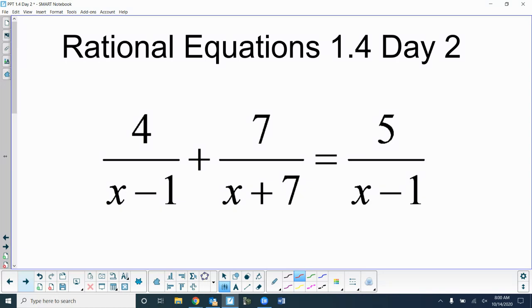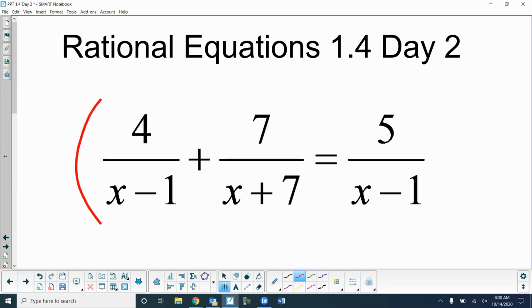If we couldn't factor them, or even if we did factor them, what did we say? Whatever shows up, Hannah, very good. We wrote it down. Okay? So, an x minus 1 shows up and an x plus 7 shows up, so I have to write those down as my common denominator. Okay? So, the same rules we had before.